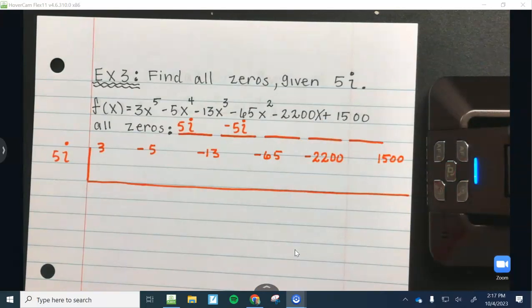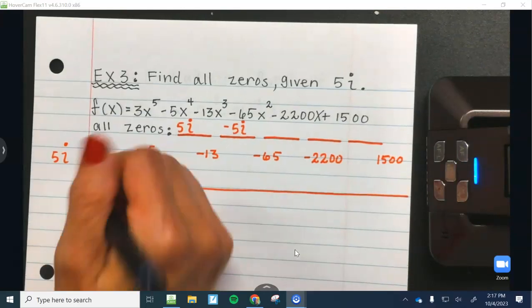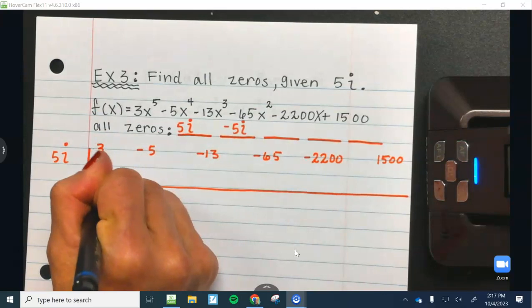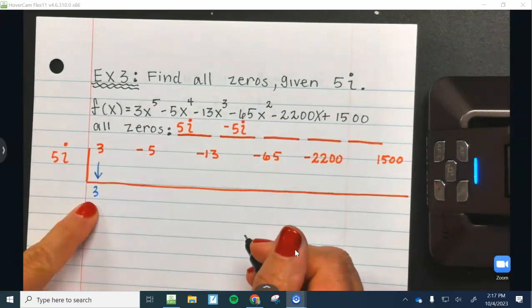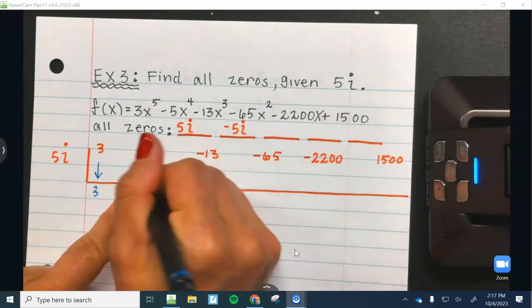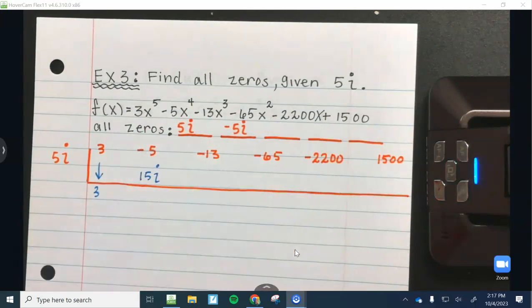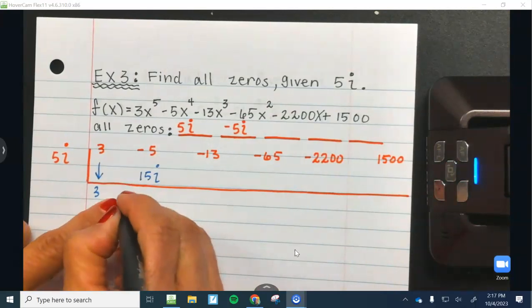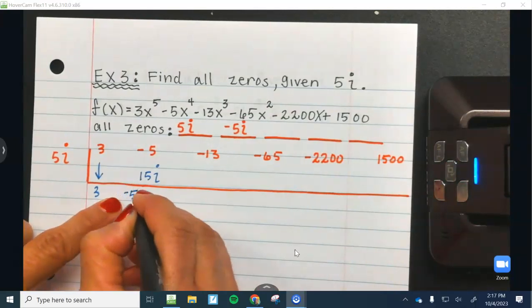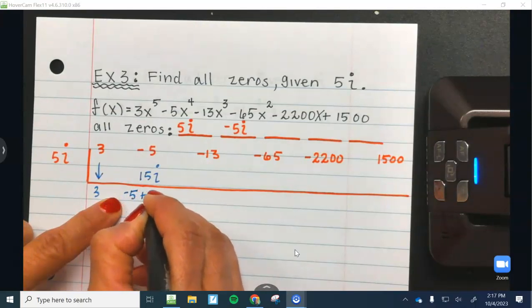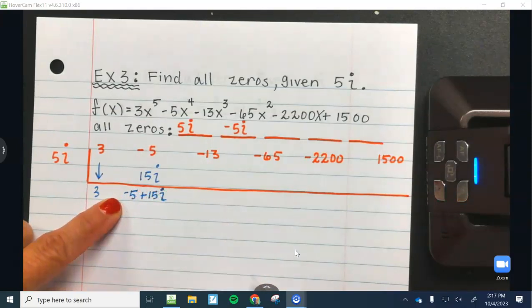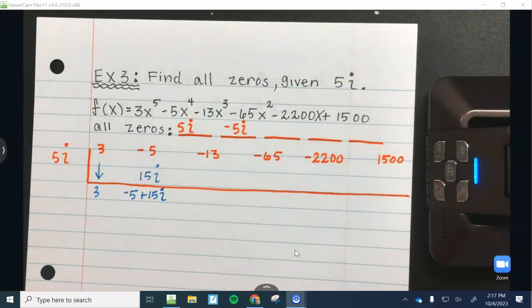Okay, let's start running through this and see what happens. So I'm going to bring this 3 down. 5i times 3 is 15i, so I'm going to put that right here. And guys, you cannot combine a real and an imaginary. So all we can do is write negative 5 plus 15i. That's all we can do when we try to combine that.